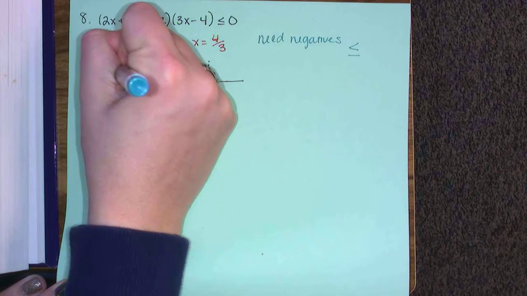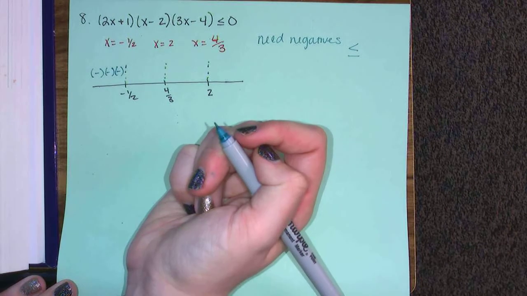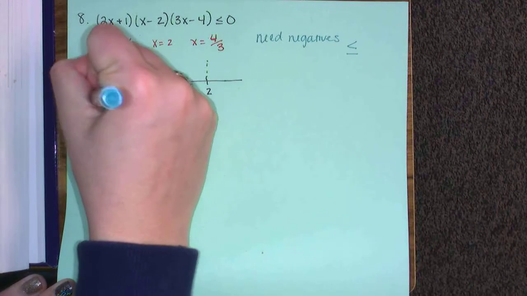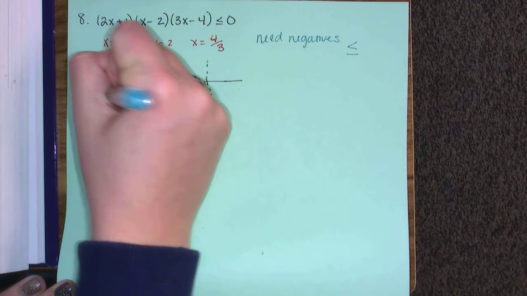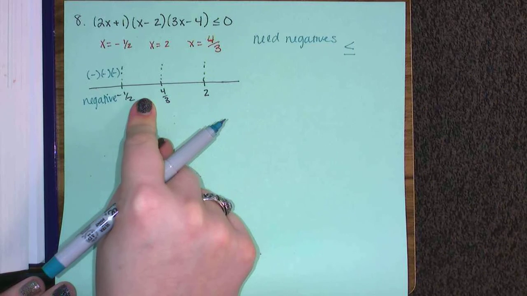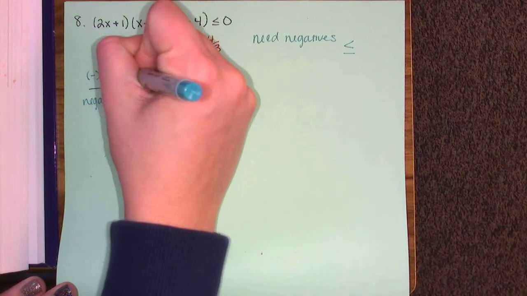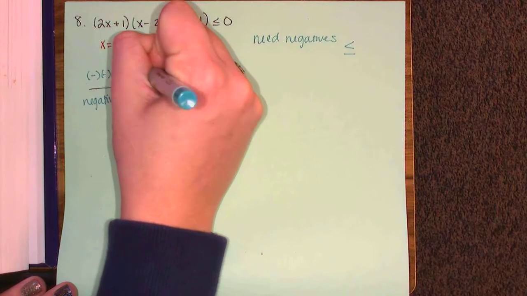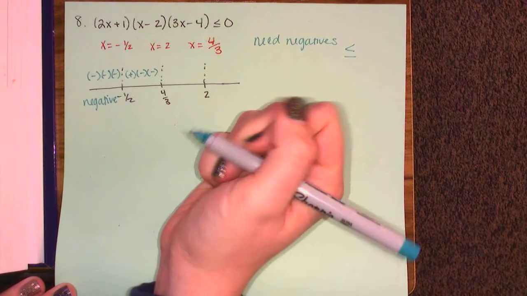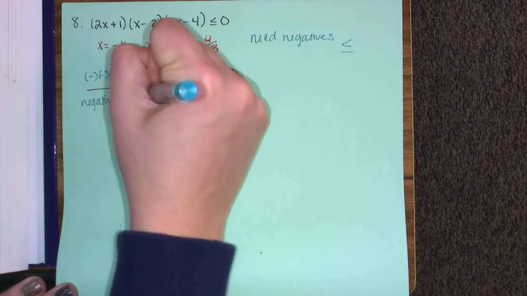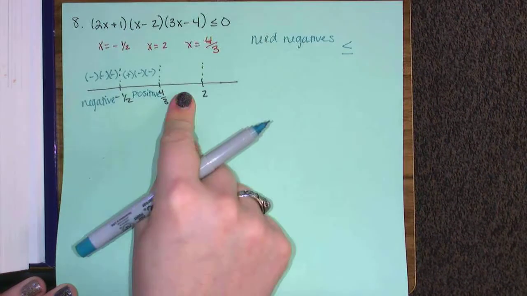They're all negative, meaning it is negative. Okay, how about in here? Positive, negative, negative. And that gives what? Positive. Here.